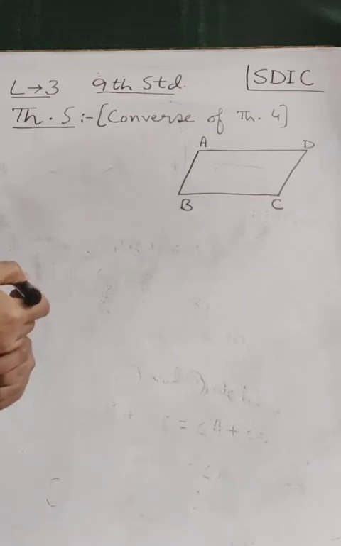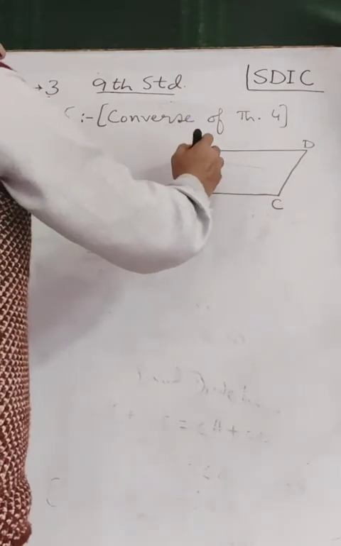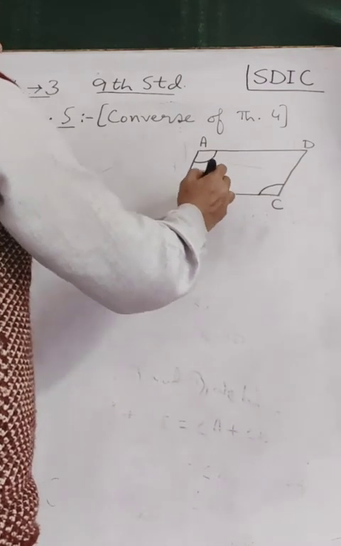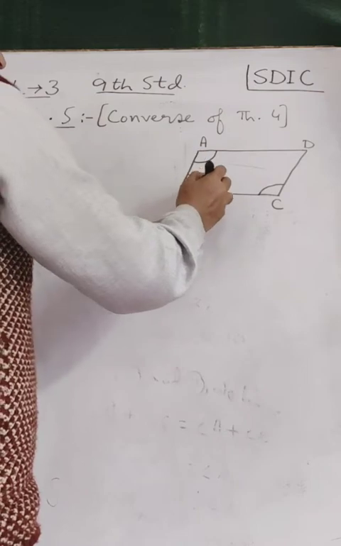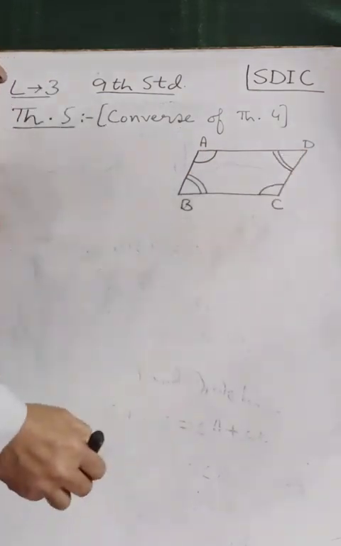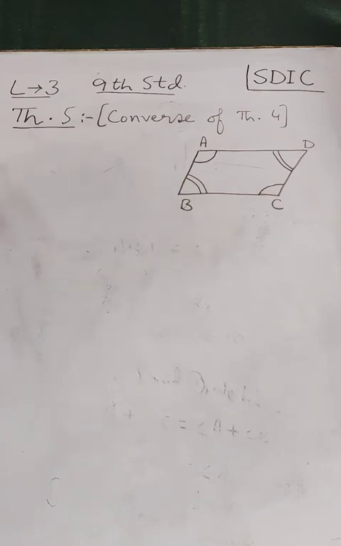A quadrilateral. In this quadrilateral, both pairs of opposite angles are given to be equal. Angle A is equal to angle C. Angle B is equal to angle D. We are given this. Opposite angles are equal. You quickly write given and to prove.